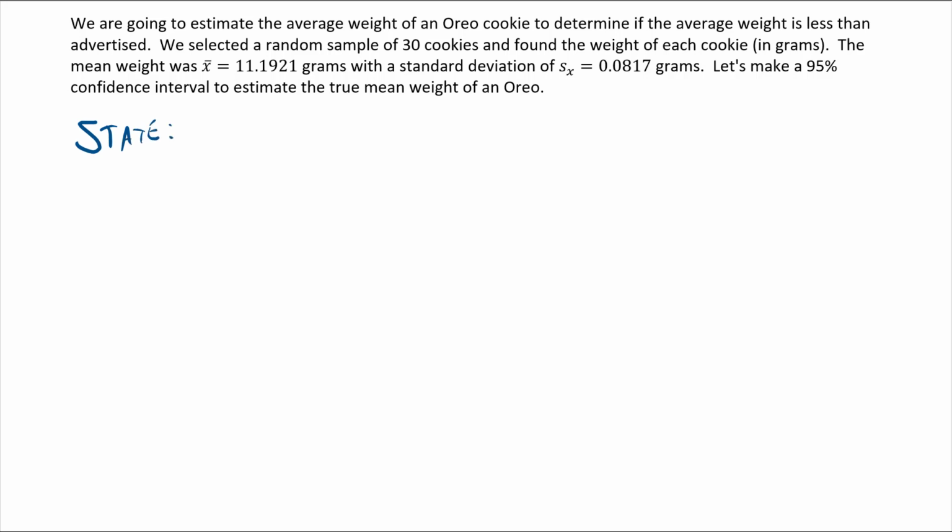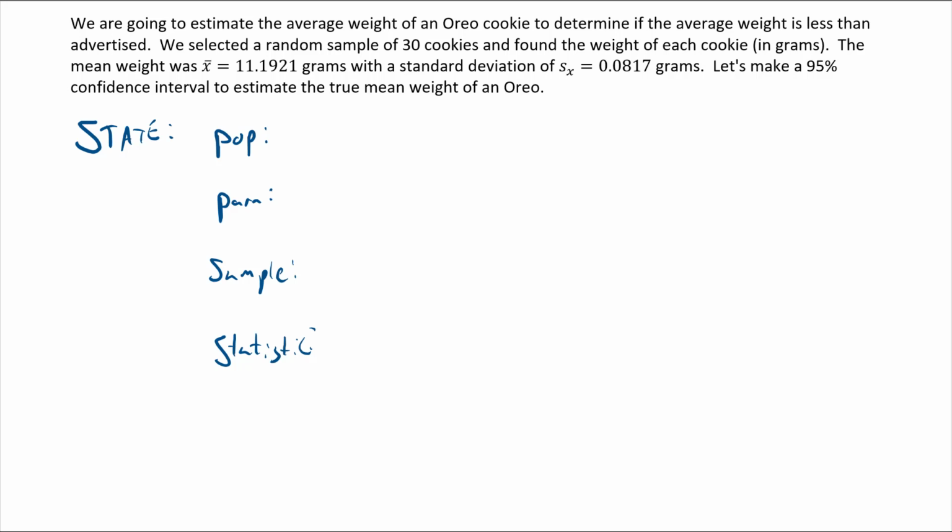In our state part, we worked on what our population was, what our parameter was, what our sample was, and we had to determine what our statistic was. So we're going to do that in dealing with means. This will be a little bit different on a couple of figures, okay?